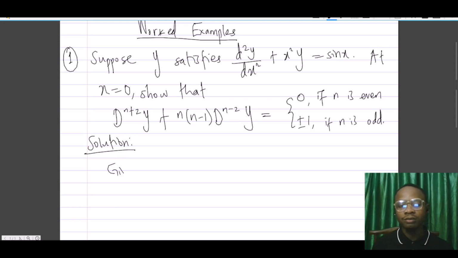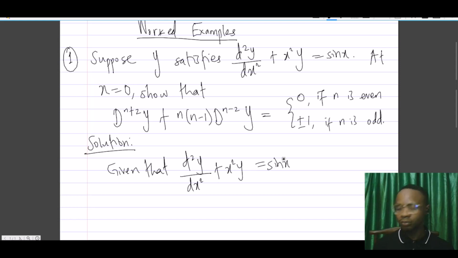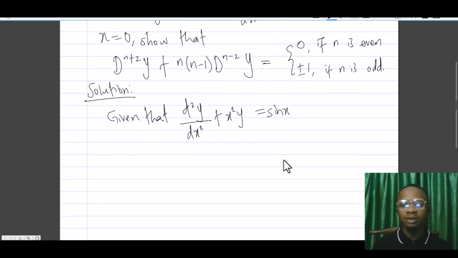So given that d squared y over dx squared plus x squared y equals sine x, we can write this using the y sub n notation. This implies that y sub 2 plus x squared y equals sine x.